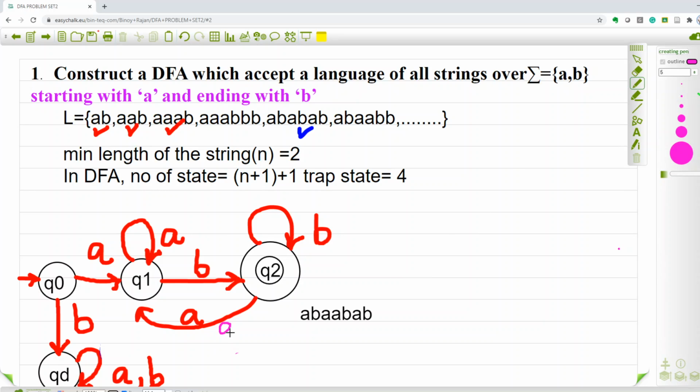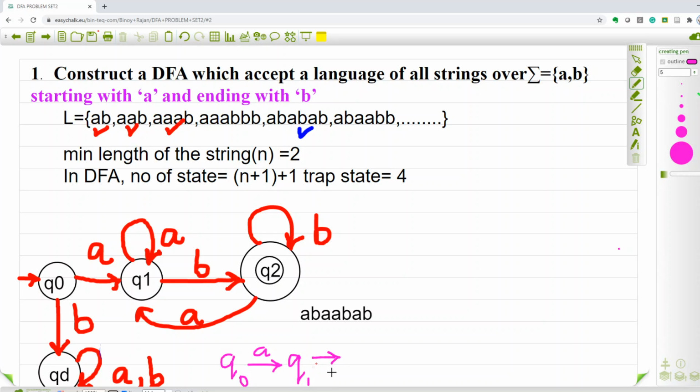So Q0 with A as a transition, I reached Q1.